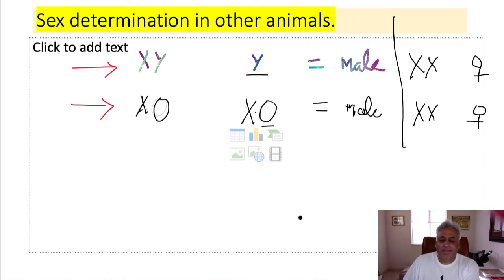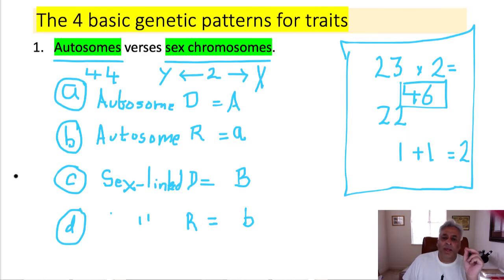Right? How does that work at the biochemical level? Well, what you're looking for is the relationship between the sex chromosomes and all the other chromosomes inside that cell. So we go back slightly here. We were talking about 22 autosomes and 1 sex chromosome, right? So there's a relationship. For every one of these, there's 22 of those. So that's called the sex chromosome to autosome ratio.